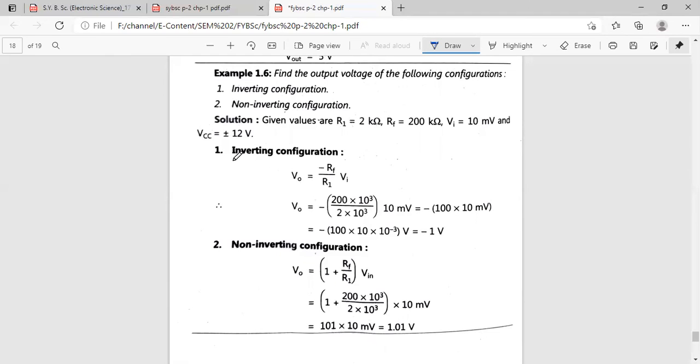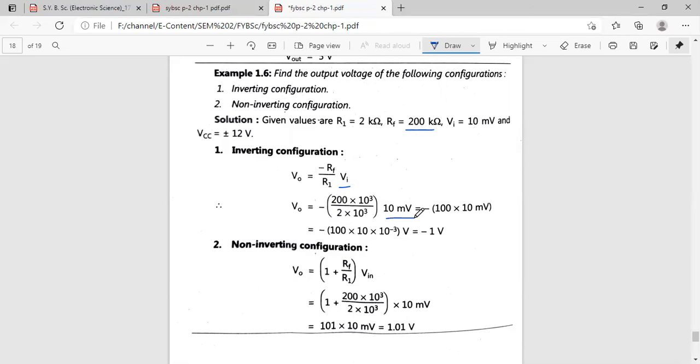The formula for inverting configuration is V out equals minus RF upon R in into V in. What is the value of feedback resistance? It is 20 kilo ohm. So 20 into 10 raised to 3, minus sign as it is, divided by R1, which is 2 kilo ohm, so 2 into 10 raised to 3, into VI. Input voltage is 10 millivolt.